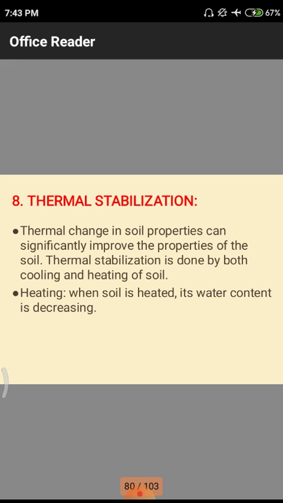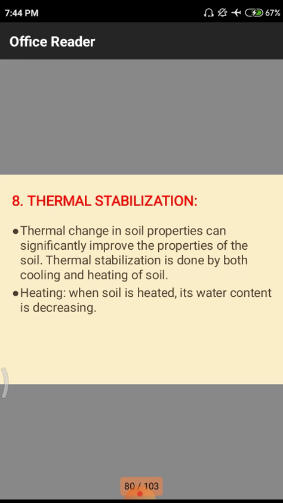Thermal stabilization is done by both cooling and heating of soil. That means on one hand we give a huge amount of temperature, and on the other hand we use freezing techniques. By using freezing techniques, the water will not bond with the surroundings, and it will stay in a particular space without moving or distributing to the other particles. First of all we go for the heating techniques.